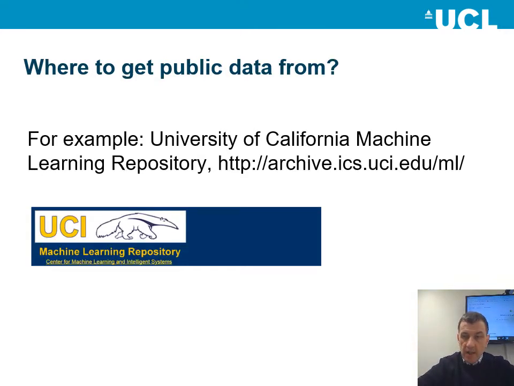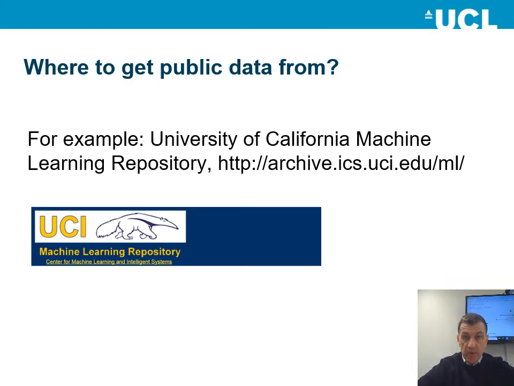One of the things that I wanted to highlight early on is that we're keen that you should get some experience in applying these algorithms. And so one thing that would be very important for you to do is to look at a repository of publicly available data sets.